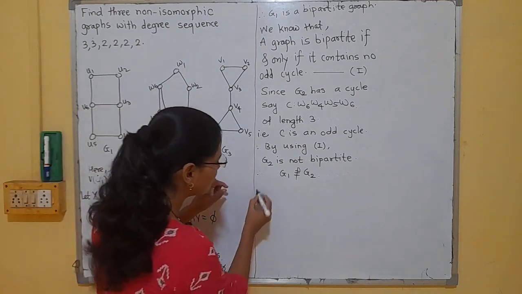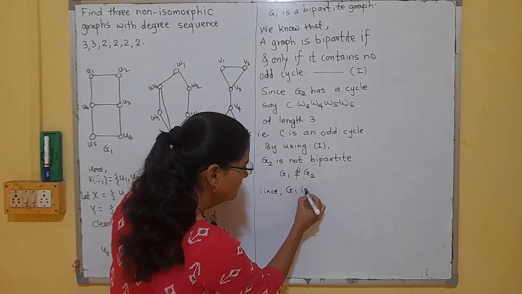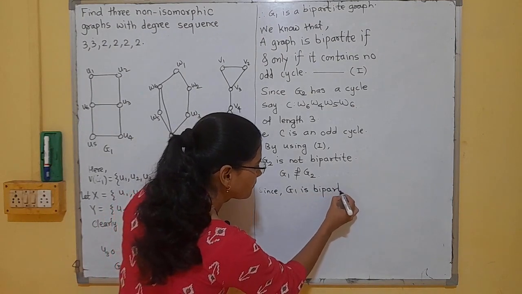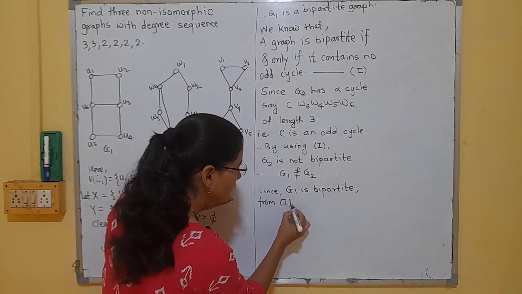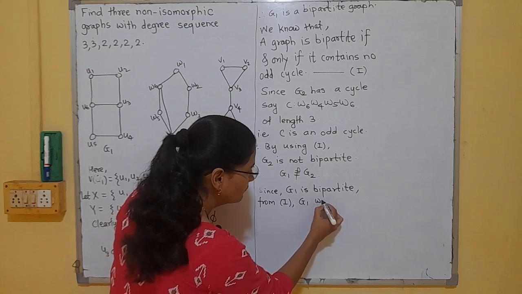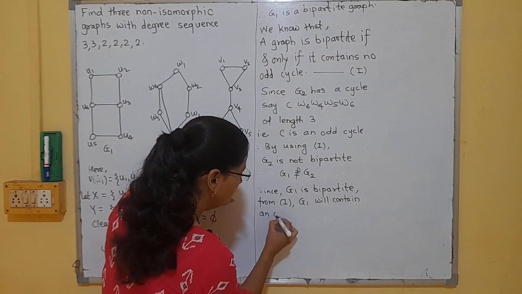So I am writing here, since G1 is bipartite, from 1, G1 will not contain an odd cycle.